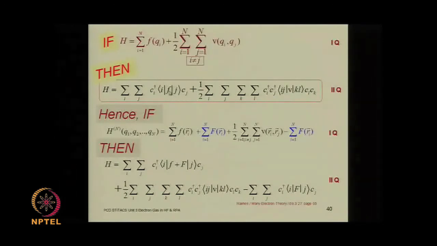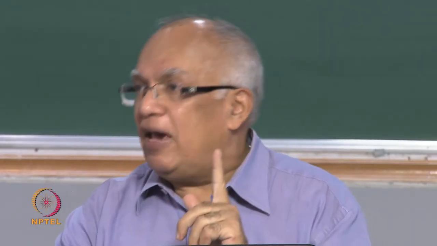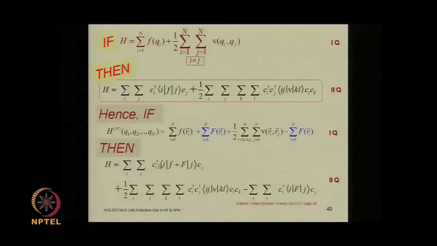Instead of this f, you have got the sum of the little f and the uppercase f, because these are the one electron operators. The one electron operators are now little f plus the big F, the capital F. So, this is the term that takes the place of the first term here, and instead of the second term which was only this, you must subtract the corresponding term which was added extra over here. So, that is all there is to it.